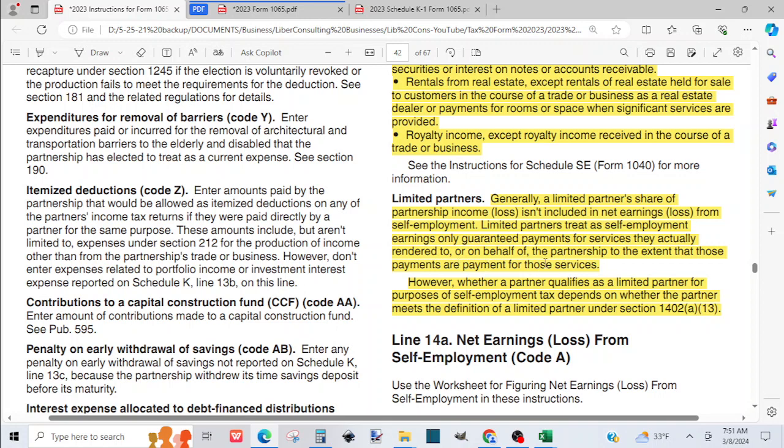That's the only case you put those for them. However, whether a partner qualifies as a limited partner for purposes of self-employment tax depends on whether the partner meets the definition of a limited partner under section 1402.